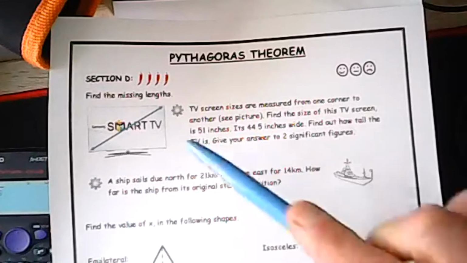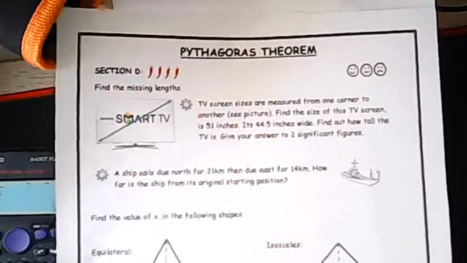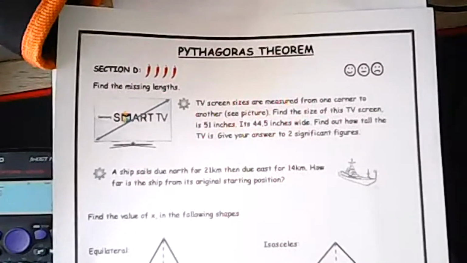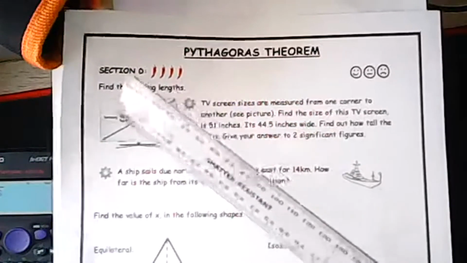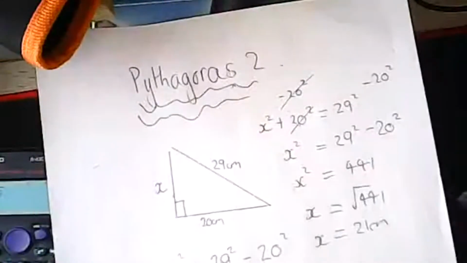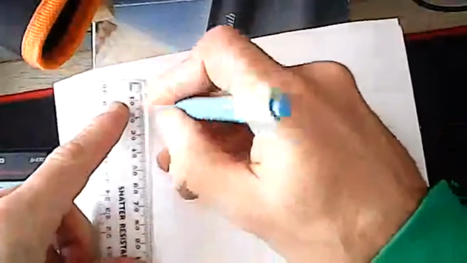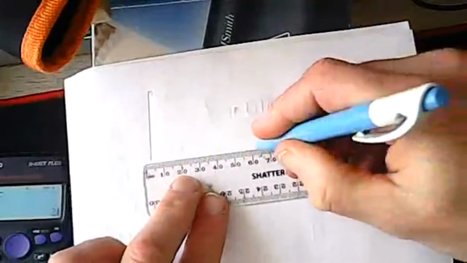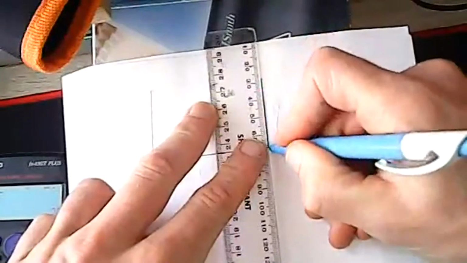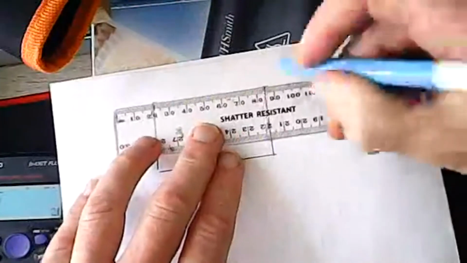So first of all, a good idea is to bring out the information, separating it from the question. We want to get that TV separate from the actual words of that question. So we need a sketch. We don't need to worry too much about the dimensions. It's a representative diagram, although my rectangle's not quite a rectangle.